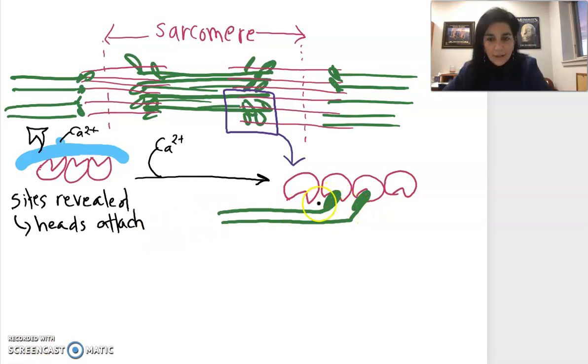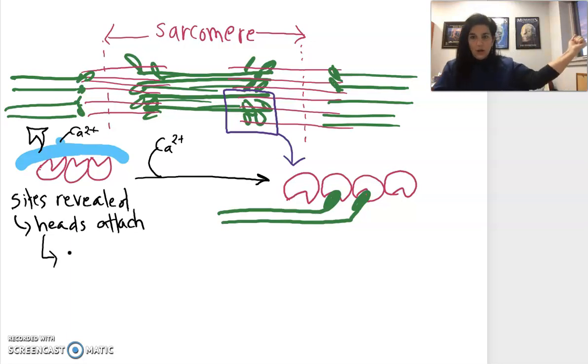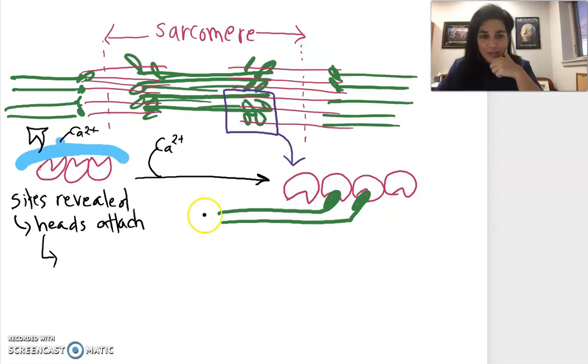So the heads attach, and the next step is a ratcheting movement. We describe the heads as being in a cocked position when they're attached, and then they flex and pull on the filament as they're flexing. So then there's a flexing movement.